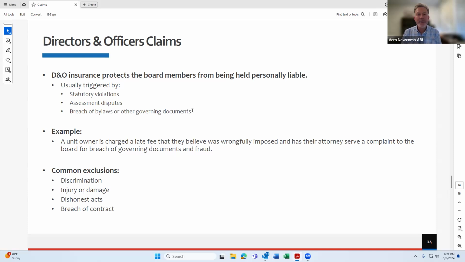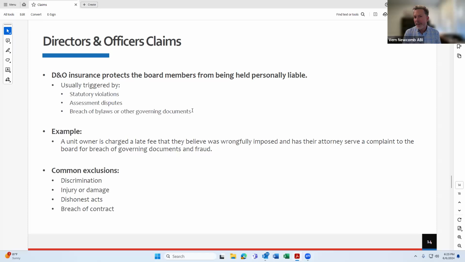So they filed a suit against the association, the board of directors, for discrimination, because you're telling one person they can't play the music loud, but you're allowing another person to play music loud. So that's an example of how easy you can get caught into one of these types of claims. Any questions on that?